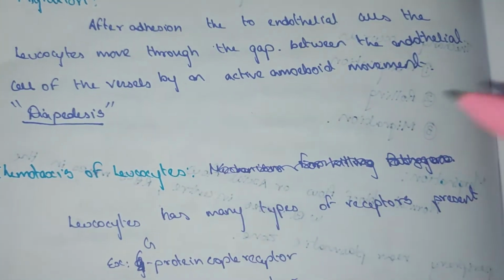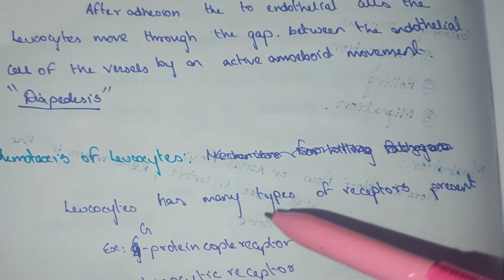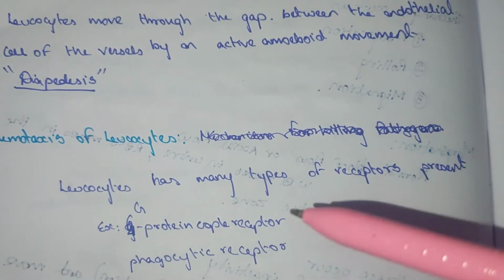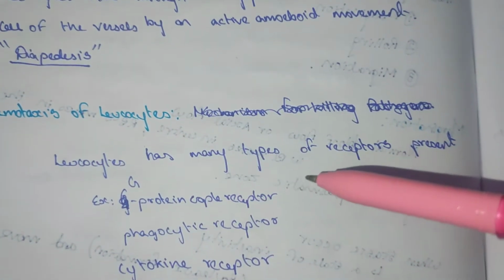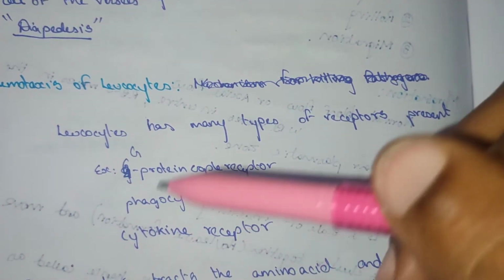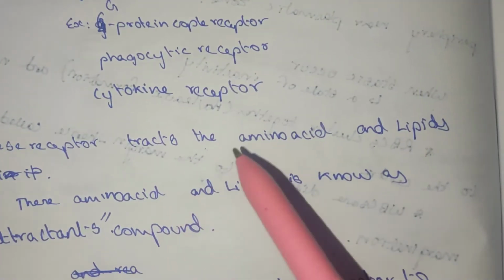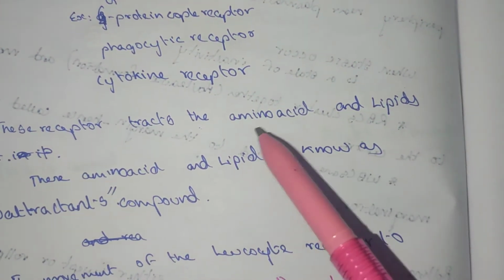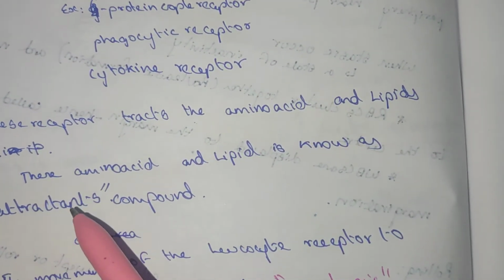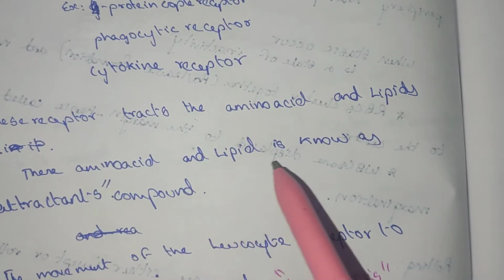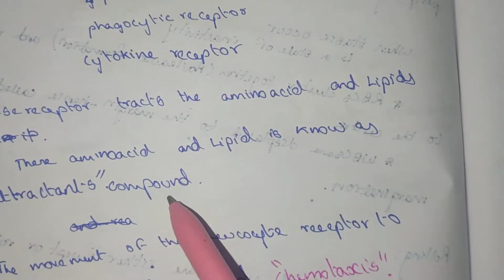Chemotaxis of leukocytes. Leukocytes have many types of receptors present in them, which are G protein receptors, phagocytic receptors, and cytokine receptors. These receptors track the amino acids and lipids present. These amino acids and lipids are known as chemoattractant compounds.